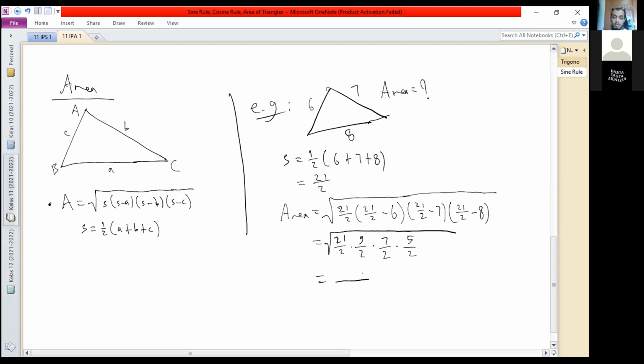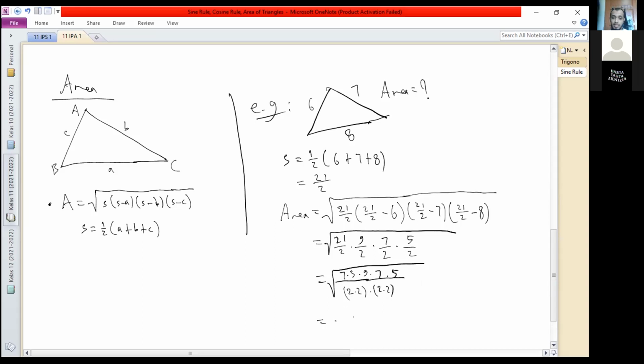So 21 is 7 times 3. And then we have 3 squared here, so no problem. Then we have 7, and then we have 5, and then we have 2 and 2.